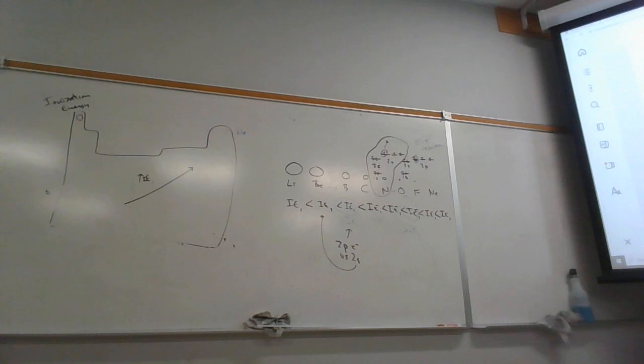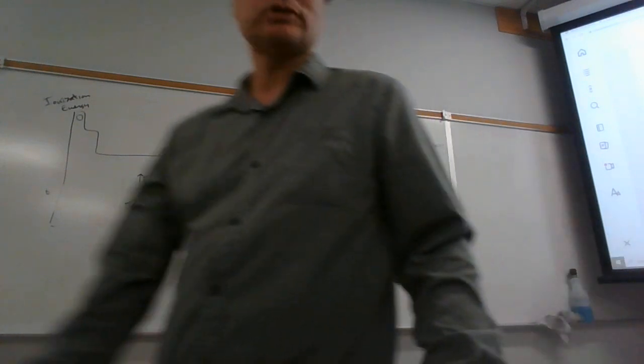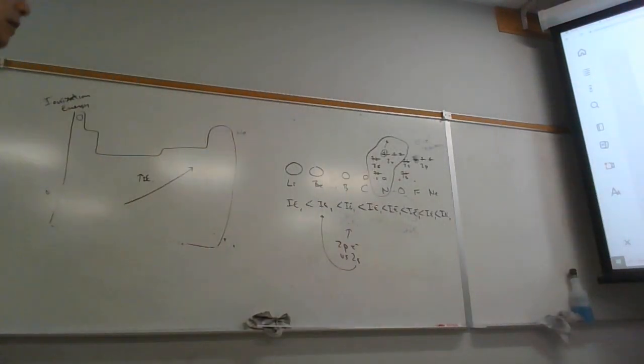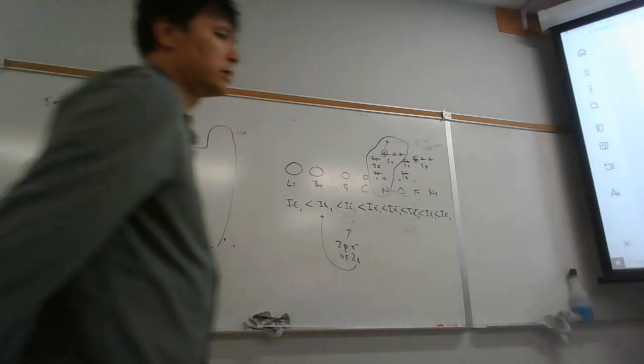Well, actually, it's insignificant here. Here's the S and here's the P. And so in fact, there was no drop there. The S and the P aren't that different than what's going on there. And so those are things that a theoretician would look at in more detail, try to figure out. But those are the ionization energies.